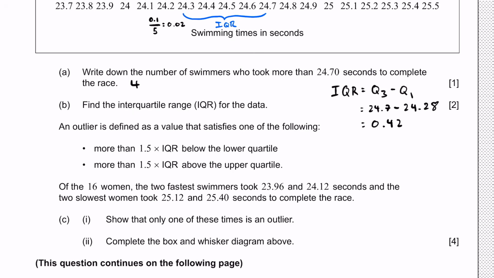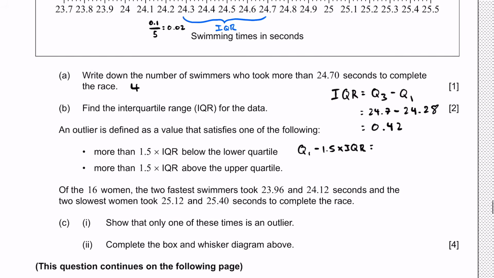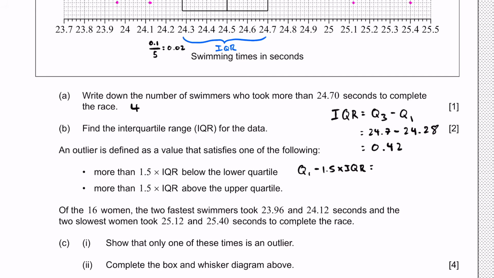If we have Q1 right here, it's going to be Q1 minus 1.5 times IQR. That would be the bounds for the outlier on the lower half of this box and whisker plot. And the upper bound would be Q3 plus 1.5 times IQR.